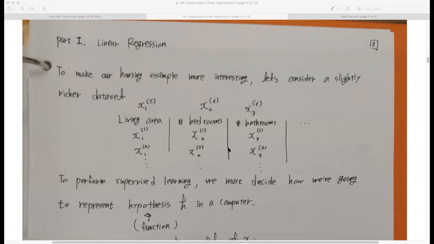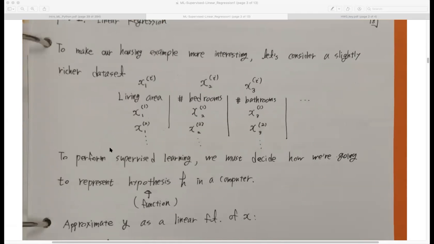Linear regression. To make our housing example more interesting, let's consider a slightly richer data set. We're going to consider more features, not only living area, but number of bedrooms and number of bathrooms. I told you the subscript in the input variable represents the index of feature, or index of column, and the superscript i inside parentheses represents the index of row, or index of example.